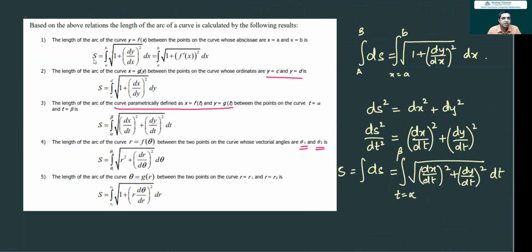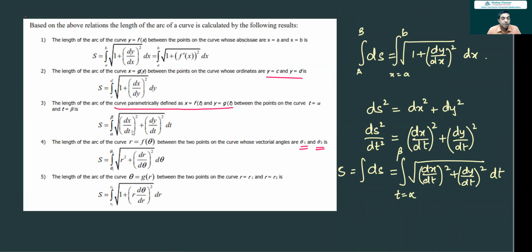With respect to x, from x equal to a to x equal to b, the integral a to b under root 1 plus dy by dx whole square dx, and this is 1 plus dx by dy whole square under root dy if it is with respect to y.